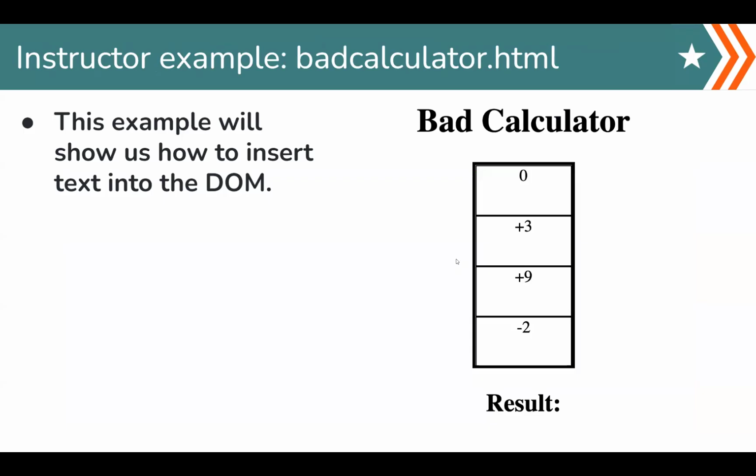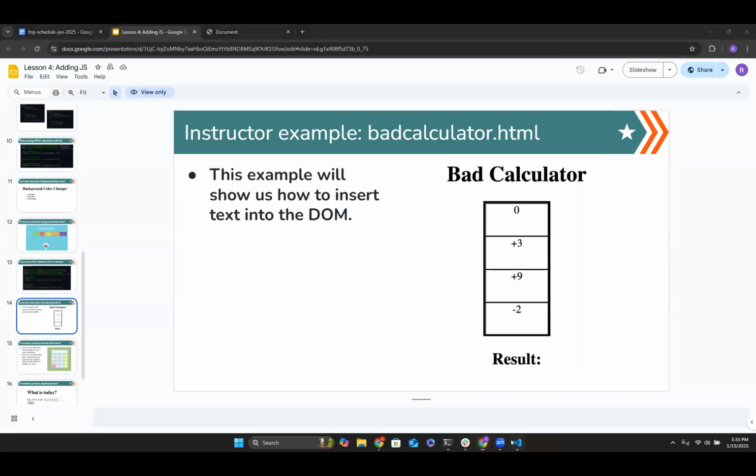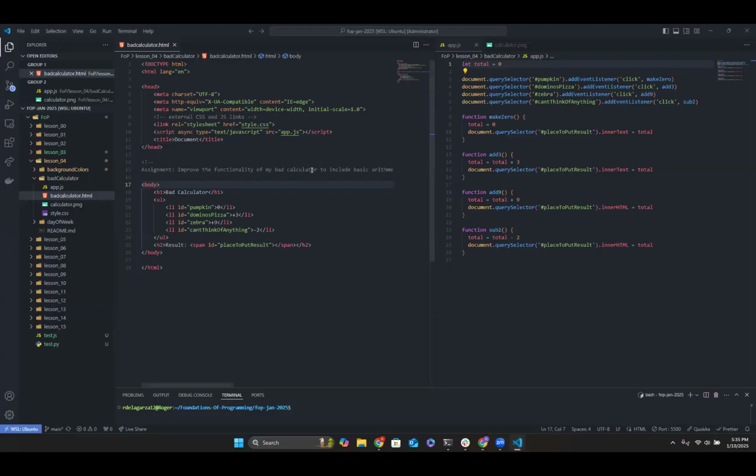Now, I already have this pulled up. Here is the HTML and the JavaScript for the bad calculator. This is all under lesson 04, next to the background colors directory as well. The HTML was pretty straightforward. It just had the H1 of bad calculator, and then it had a list.